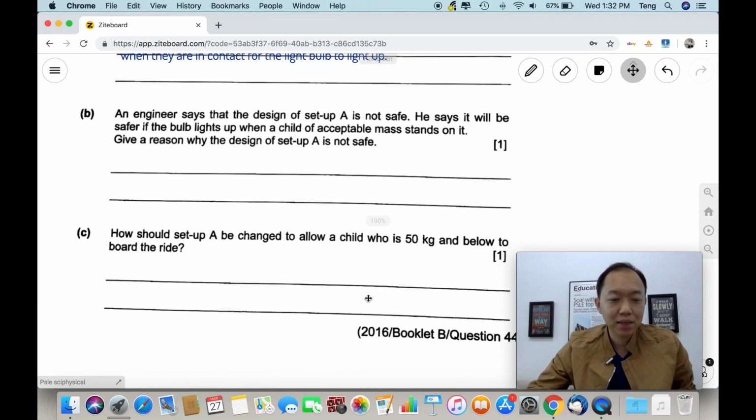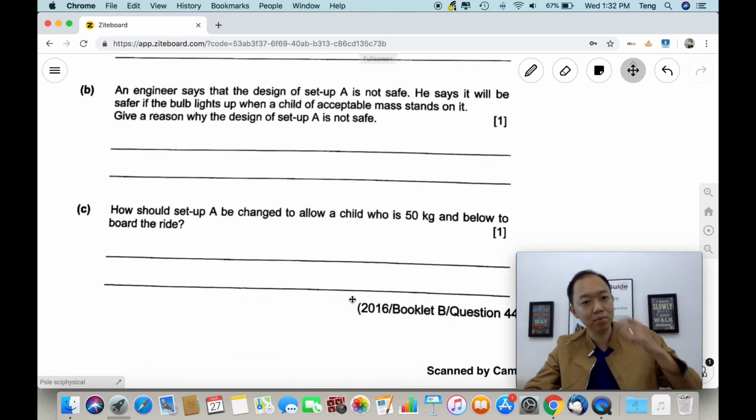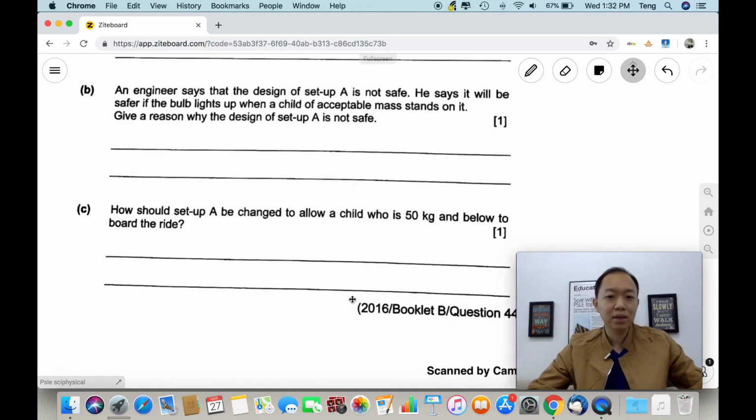How should setup A be changed to allow a child who is 50 kg and below to board the ride? We want to change it to allow a child who is 50 kg and lower to board the ride. So basically, we're going to increase the weight.